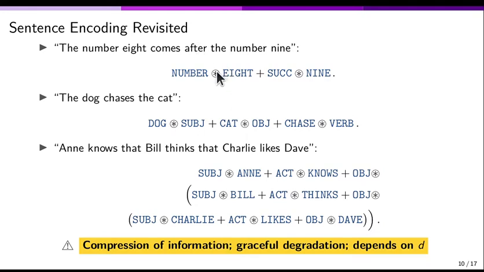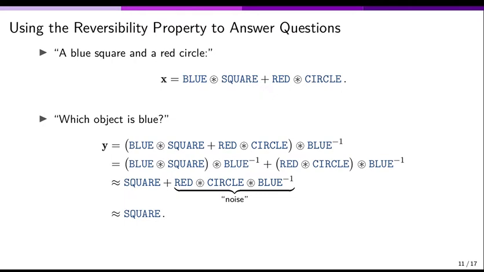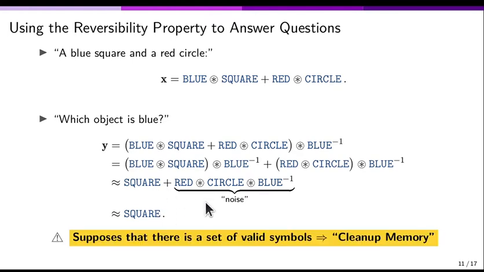And the hope is we can choose particular operations for binding and inverse such that we get a graceful degradation of performance. As you make your sentences more complicated, you gradually get more and more error, probably in the form of these things being less and less similar to what we're hoping for.